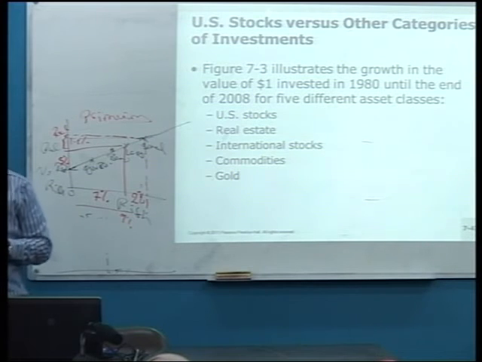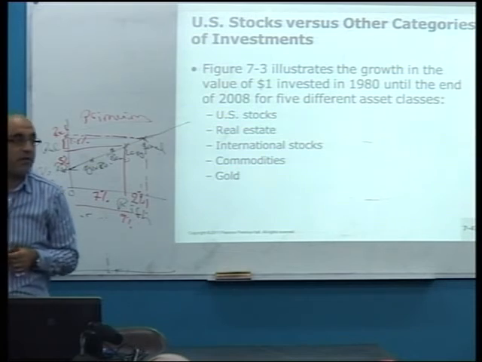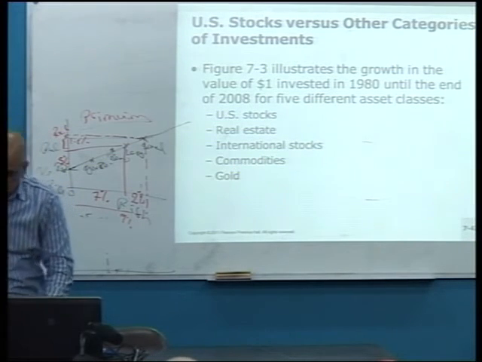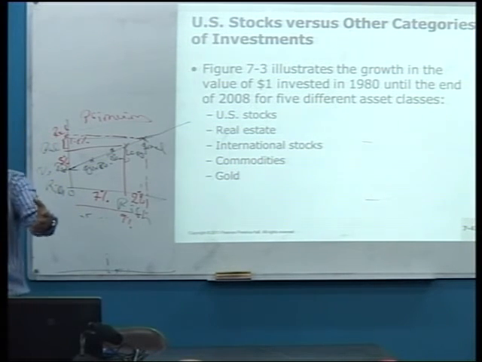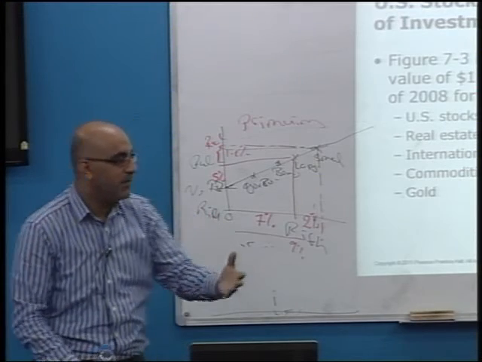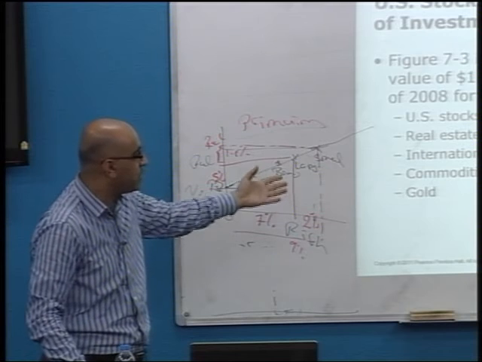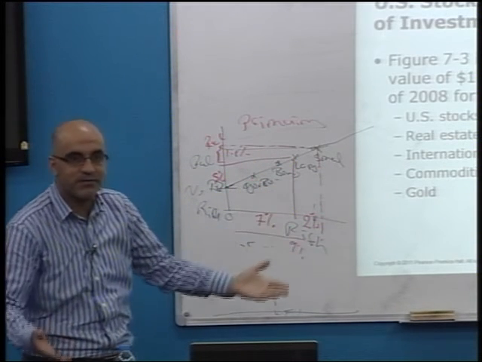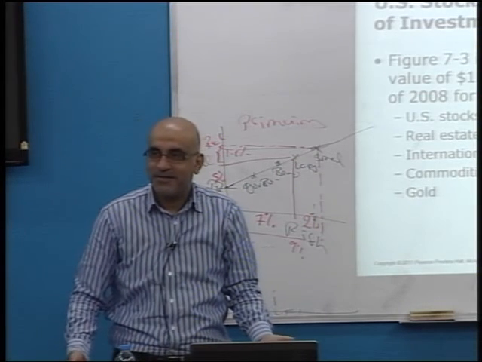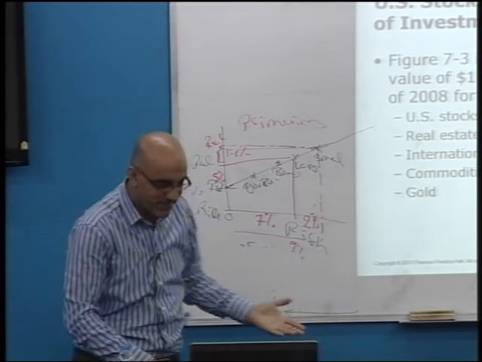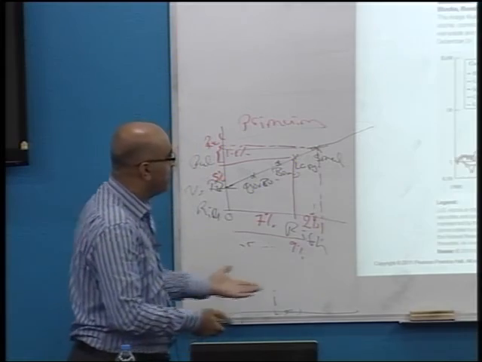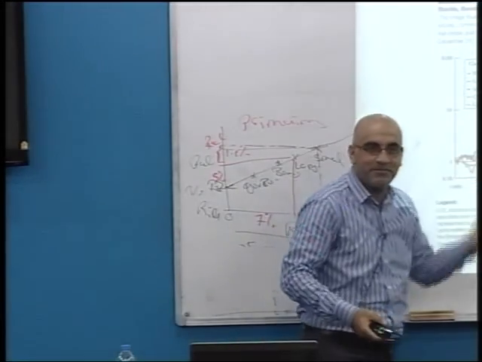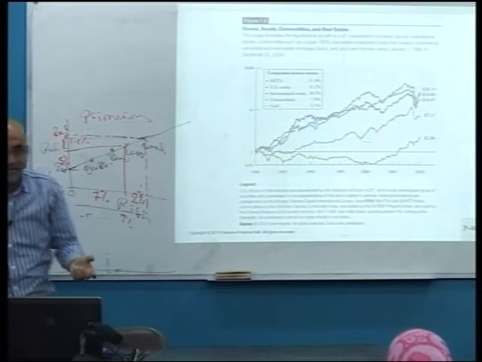I'm asking the ladies now. Which is safer for you: to invest in United States stocks, real estate, international stocks, or gold? Yes, gold. Because it's secure. Gold is gold.